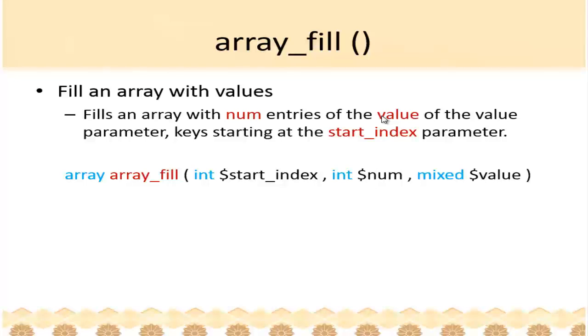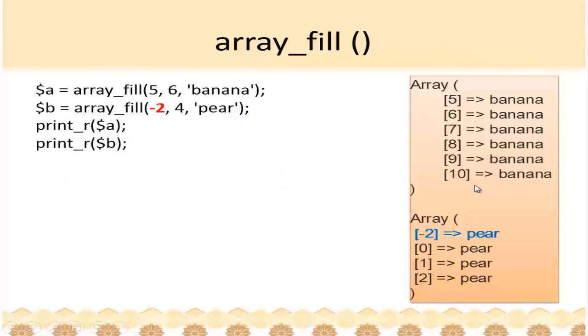The next one is fill. This word itself will tell you what it's going to do. It's going to fill the elements starting at this index, for this number of elements, with the value. For example, if you say fill starting from the fifth index, next 6 elements.